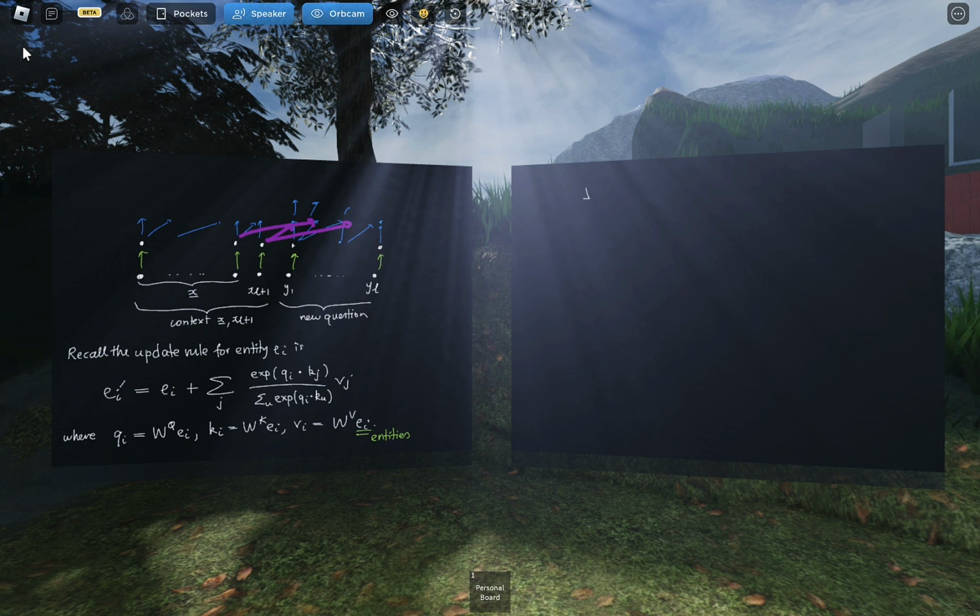So that means, let me call it delta Ei, which is the change in the ith entity in a single step of attention. Let me factor out that denominator. I'm going to split the sum into bits that are from, let me draw a box.